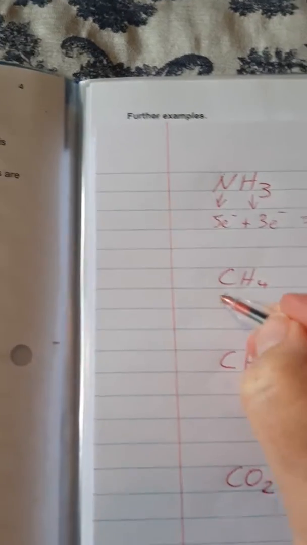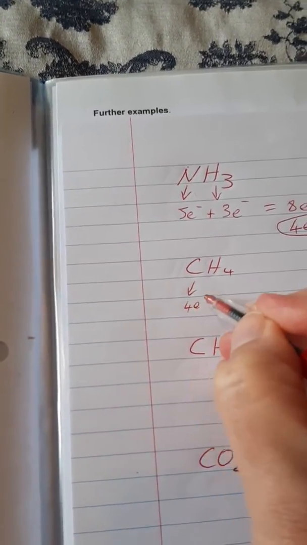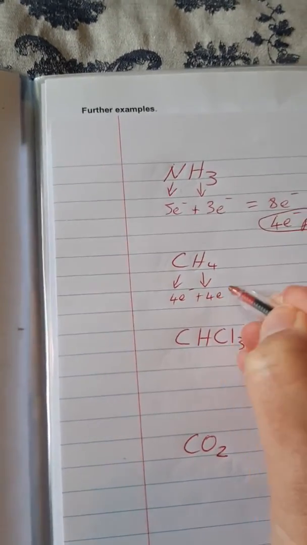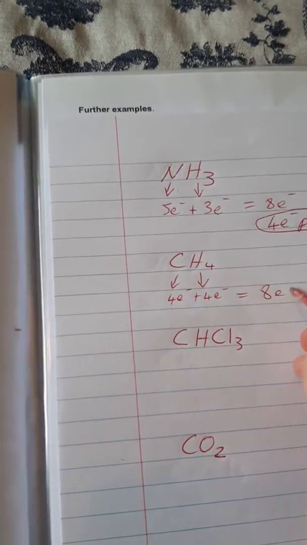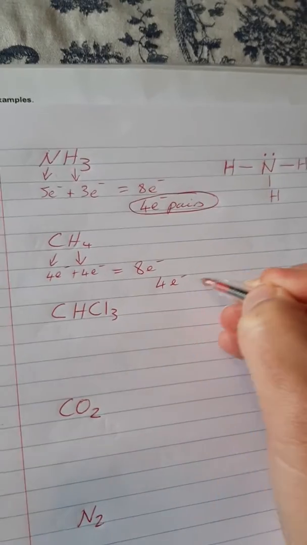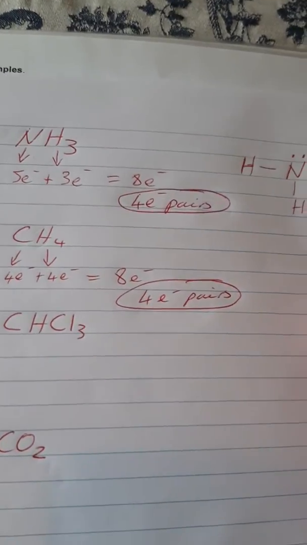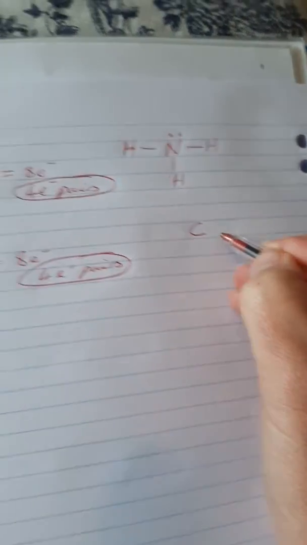Next one, CH4. So carbon has 4 electrons in its outer shell. Hydrogen has 1, but there's 4 of them. That's once again a total of 8 electrons, or 4 electron pairs. Carbon needs to gain the most, so it's going to be my central atom.